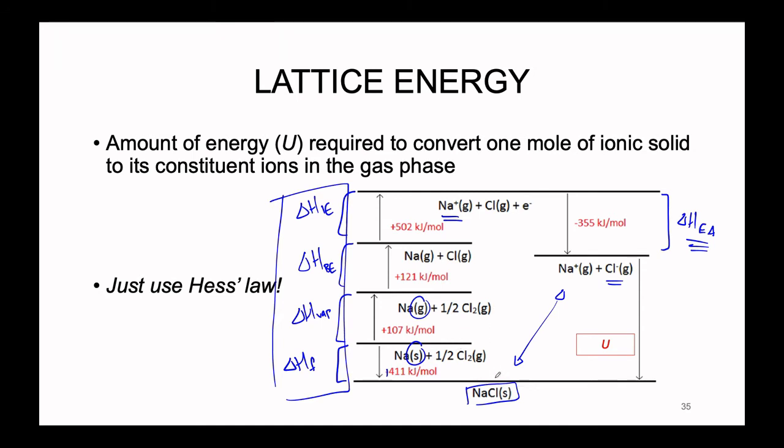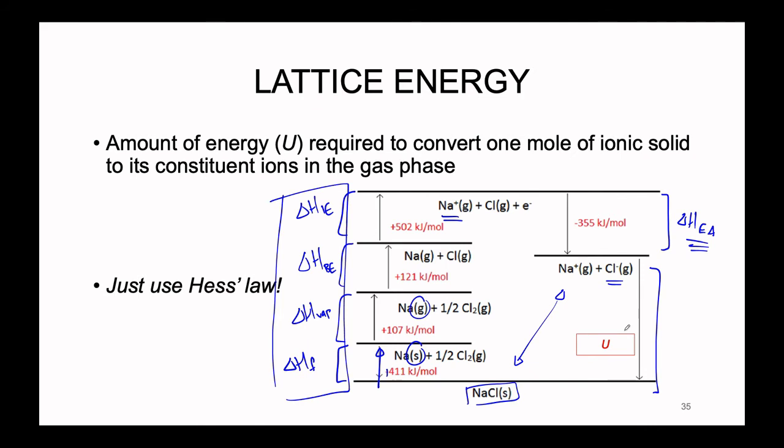If you remember, we're going upwards now, upwards instead of downwards, so this should be a positive value. We're going to add 107, we're going to add 121, we're going to add 502, and then we're going to subtract the difference of our enthalpy of electron affinity. This will give us the question mark value here, this U, this lattice energy.